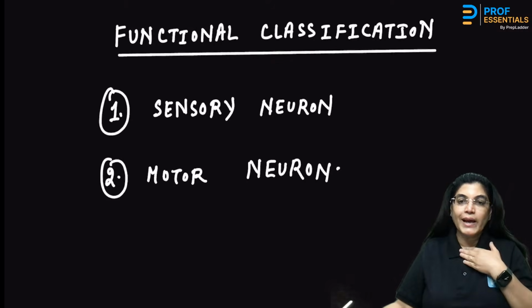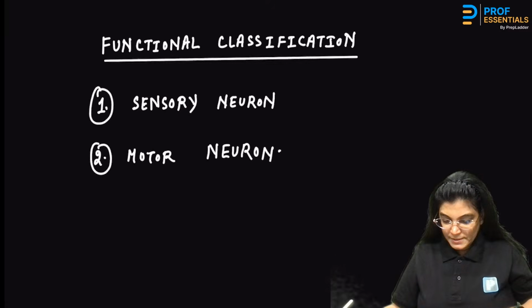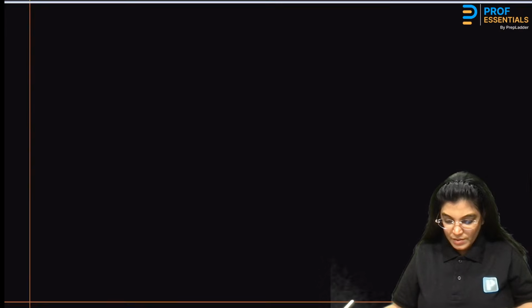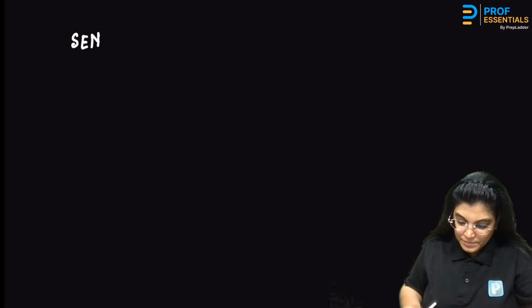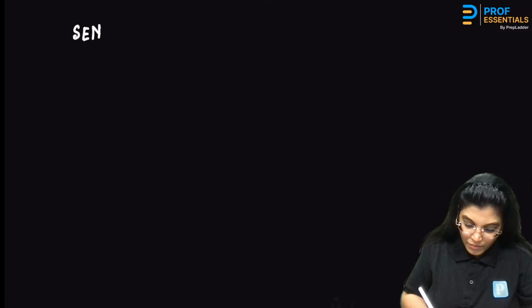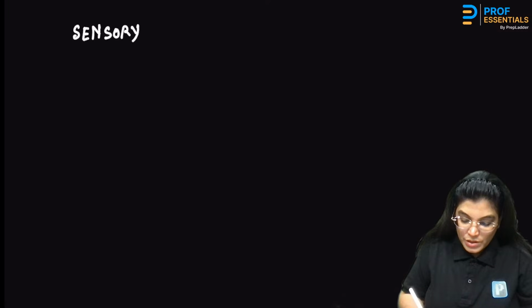Let's write about sensory neurons. We have to know about sensory and motor neurons. Firstly, we should know about the sensory neurons.